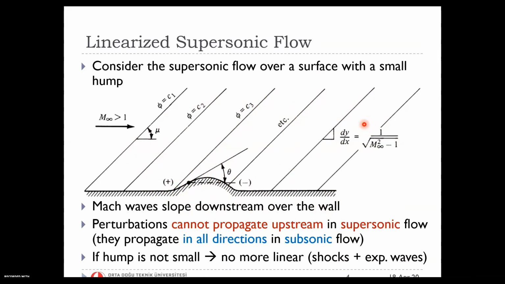So there is a preferred direction for the propagation of the information, and as we see in the physics of supersonic flow as well, if you have a supersonic flow, then any perturbation you generate in the flow will not be able to propagate upstream. They will all propagate downstream.